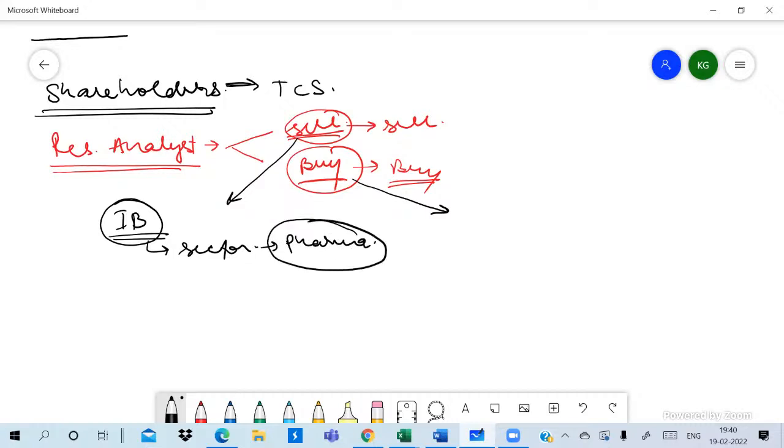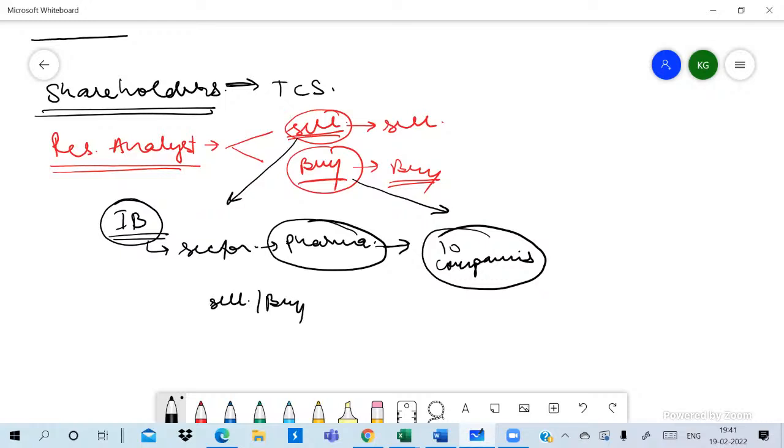And then for the rest of your life, as long as you are there, unless you change your team or move to a new domain, they'll tell you, okay, track these 10 companies. So they'll give you 10 pharma companies and you keep tracking them. And then what's your job? You track these companies, come up with research reports, and then give your recommendation whether it's a sell or a buy, which means if the company is good, you will say, okay, buy the stock.